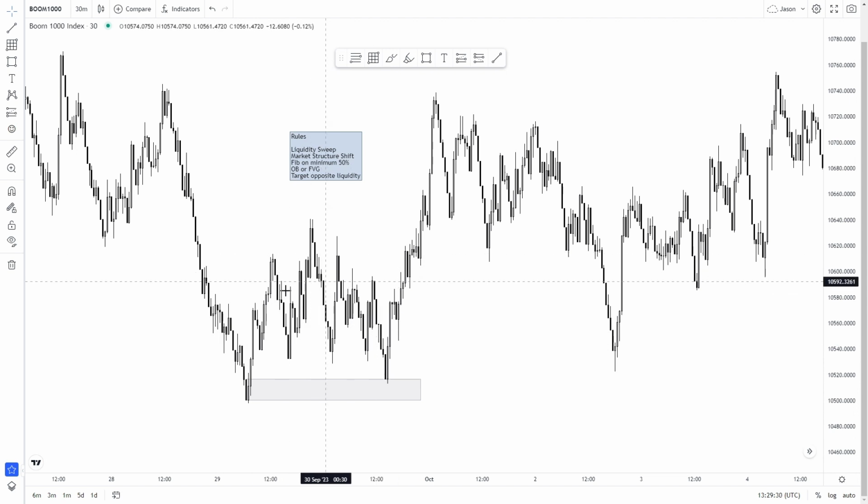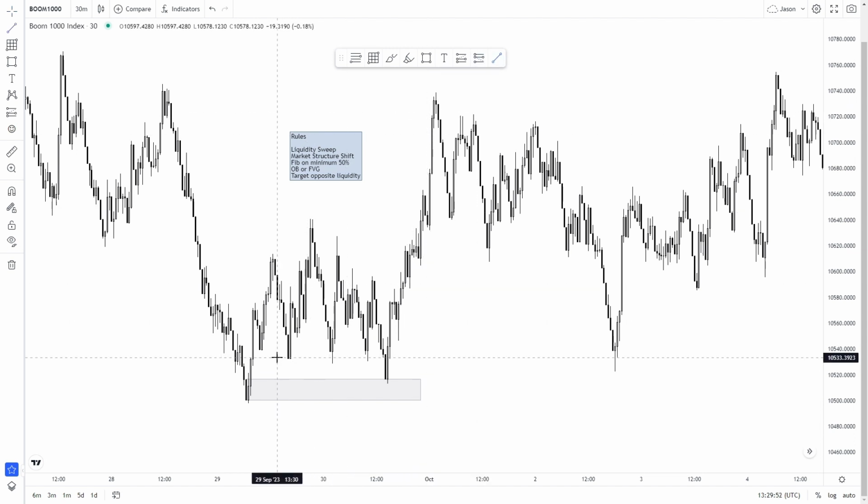So let's start there. So as this was playing out, we know this is an order block, so we anticipate either for price to take out this order block for liquidity sweep, or what we can see in the market here, there's equal lows here as well.